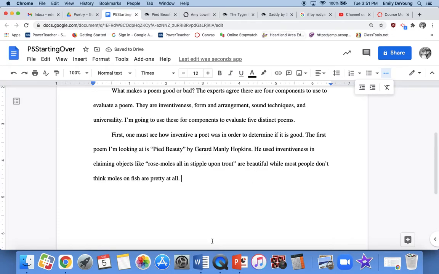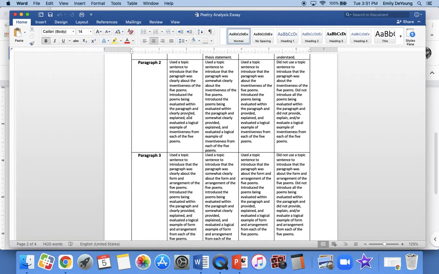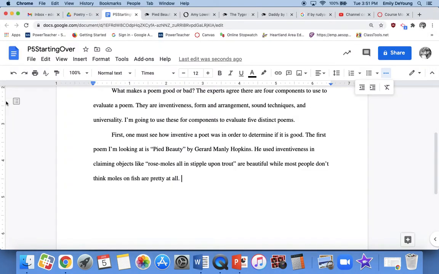And so I go back to my rubric, make sure I got what I need for that example. I have explained why I think that's unique or creative. I have an example, and I have evaluated whether I think that's good or bad. Let me see, did I evaluate it? No, I did not. So I need to make sure I include evaluation in here.